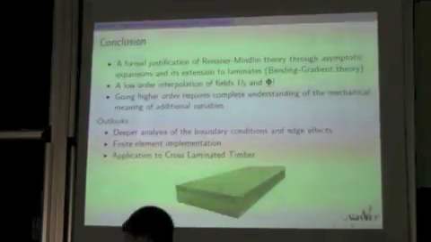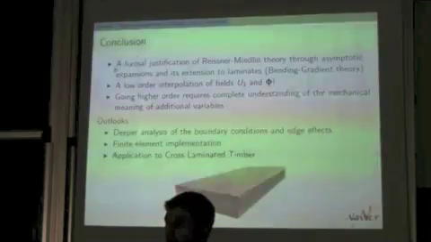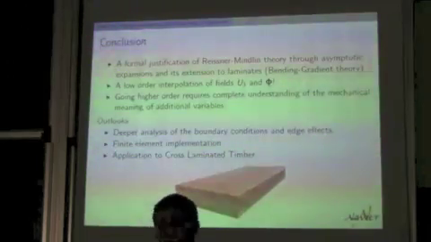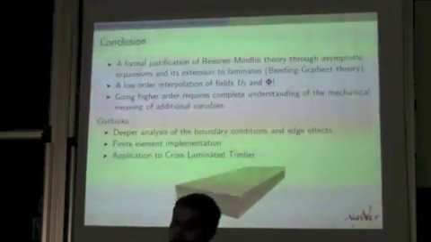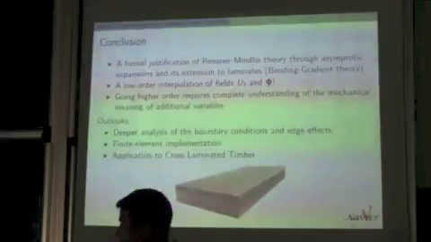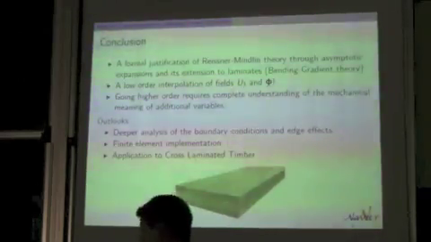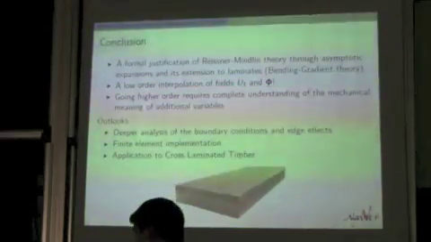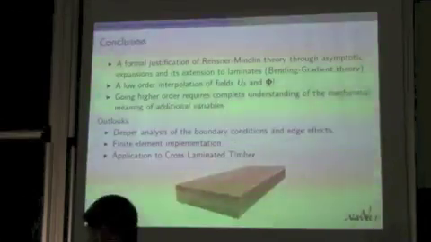The second point is that you have a low order of approximation of displacement, or low order regularity for the fields. Remember, I said I need the fourth derivative if I want to be correct, if I follow the strain gradient-like approaches. So we are intending to implement the finite element implementation, and going further in the boundary conditions.